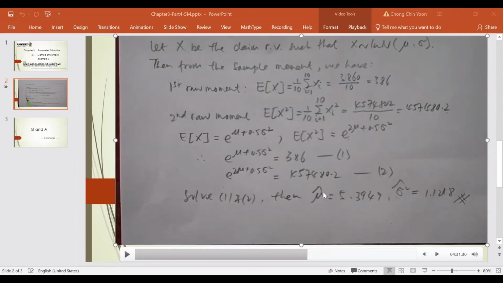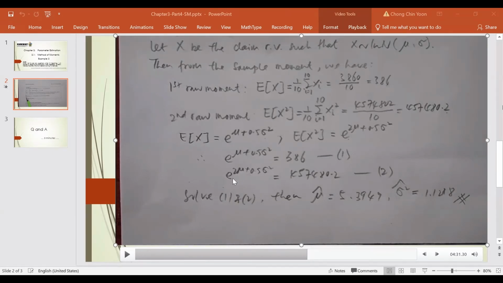Okay, class, again, I assume that you know how to solve this simultaneous equation. You can take log on both sides, then you solve for mu and sigma squared. Or you can straight away expand this, because this is e to the power of mu times e to the power of 0.5 sigma squared, right?